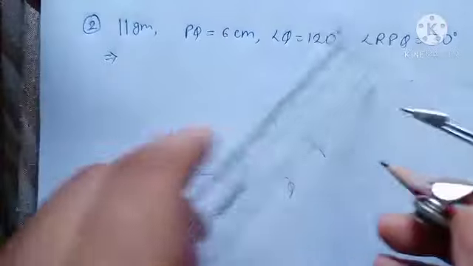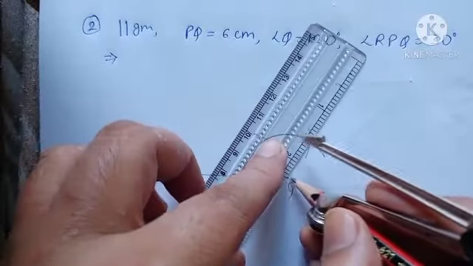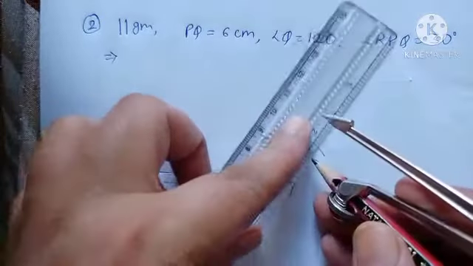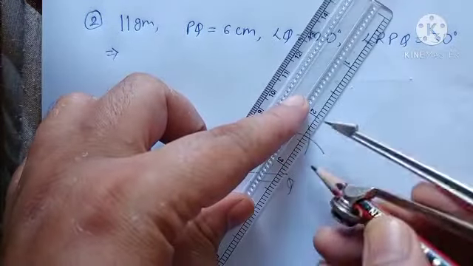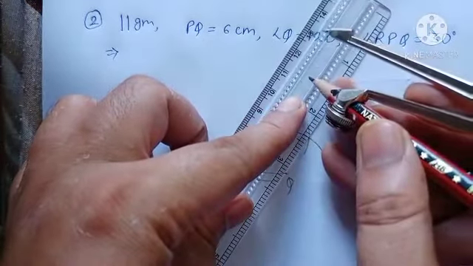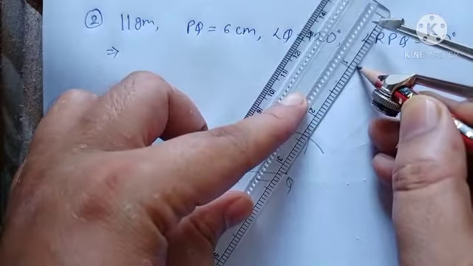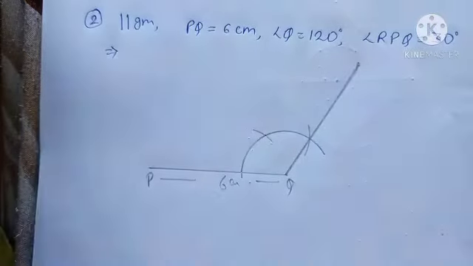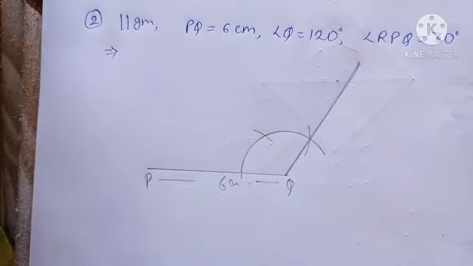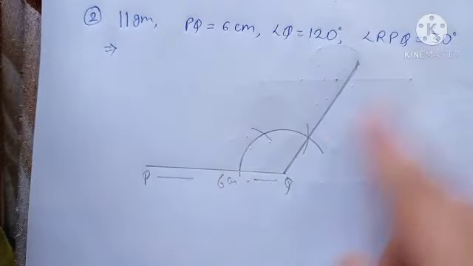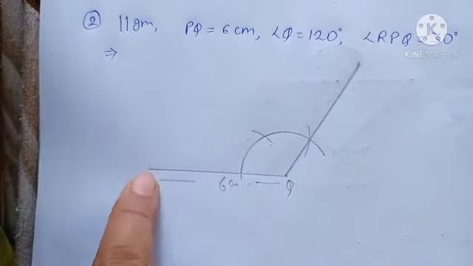Now join it. Okay, now what we have to do, here there is given angle RPQ is 30 degree. This angle will be 30 degree.